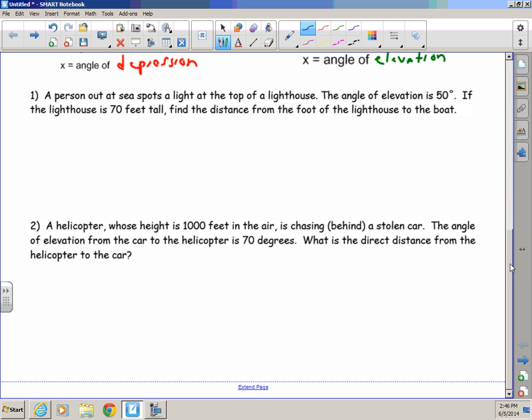So, we have these word problems we're going to go through. A person out at sea spots a light at the top of the lighthouse. So the person is here, okay, in some boat, looking up. So my angle of elevation is here. The lighthouse is 70 feet tall. I want to know how far that person is from the foot of it.